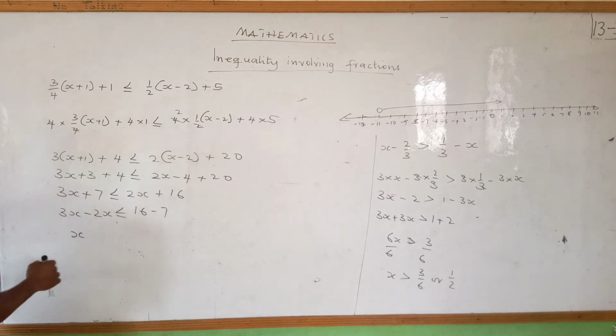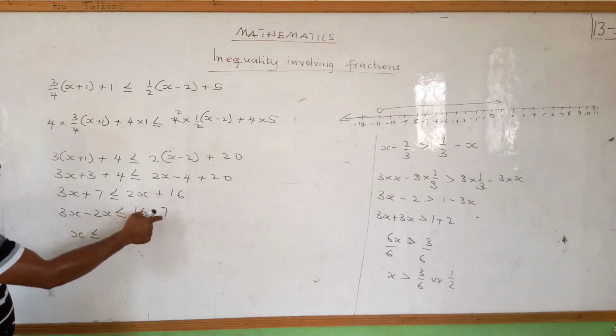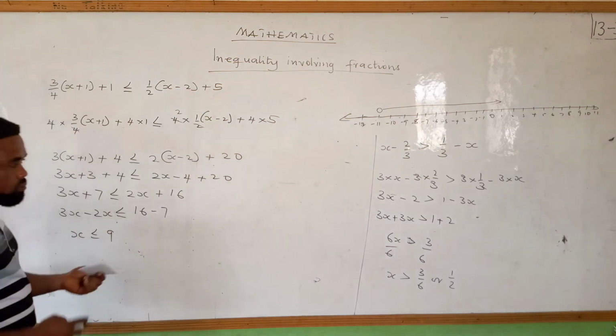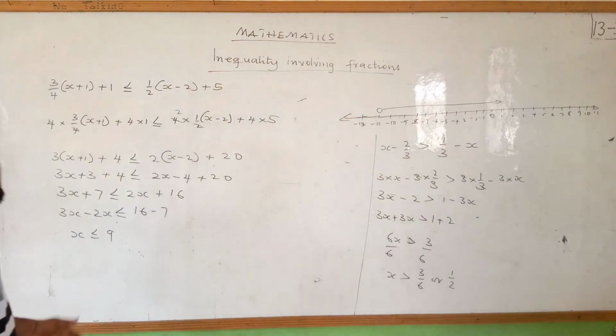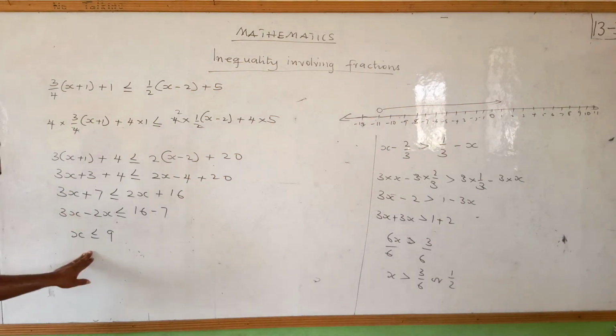We have x, because 3 minus 2 is 1, so we are going to be left with x. X is less or equal to, you take 7 from 16, you have 9. So that is it for you. X is less or equal to 9. Let's draw a number line for it.